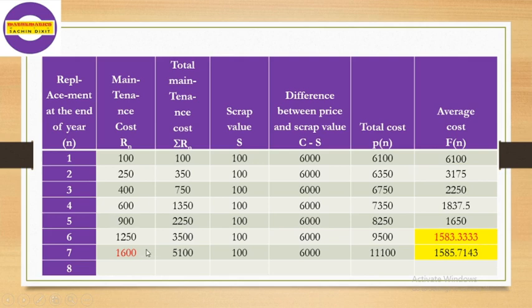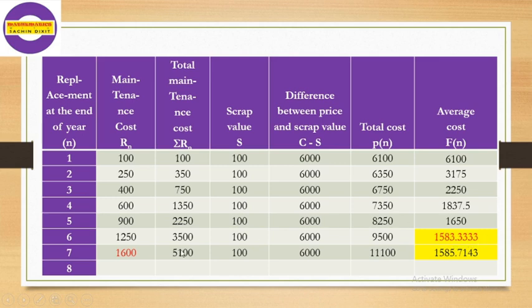Next year's maintenance cost, since this is the 6th year's average cost, means the 7th year's maintenance cost. The 7th year's maintenance cost is 1,600. And if we observe these two values in red color, 1,600 is greater than 1,583.3333.